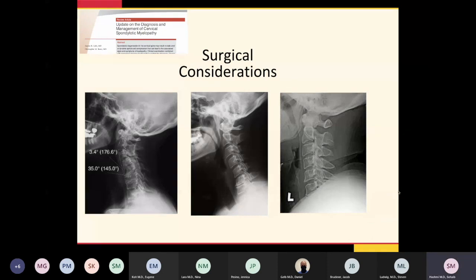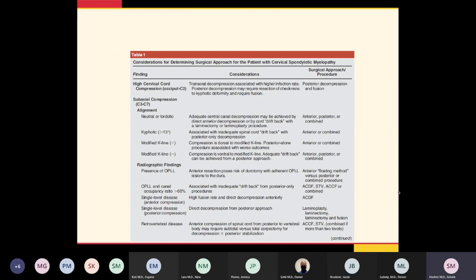In terms of surgical considerations in evaluating patients for anterior, posterior, or combined approaches and technical considerations in fusion or non-fusion procedures, this is an excellent overview of the patient characteristics.